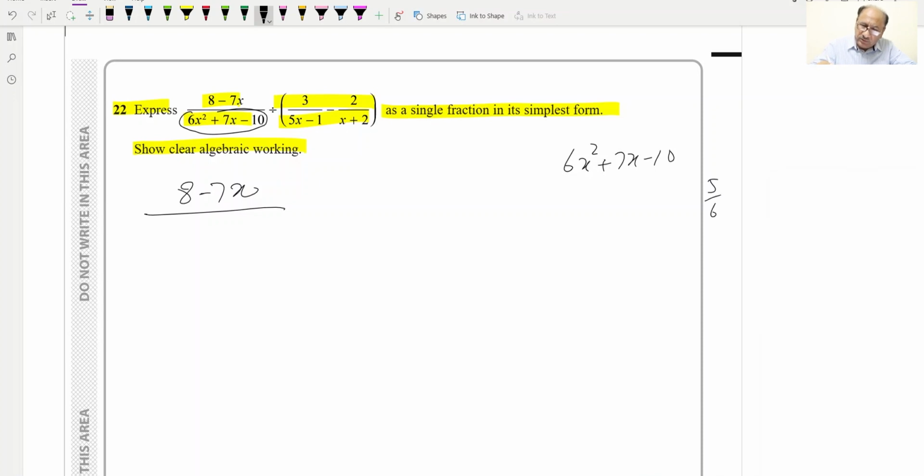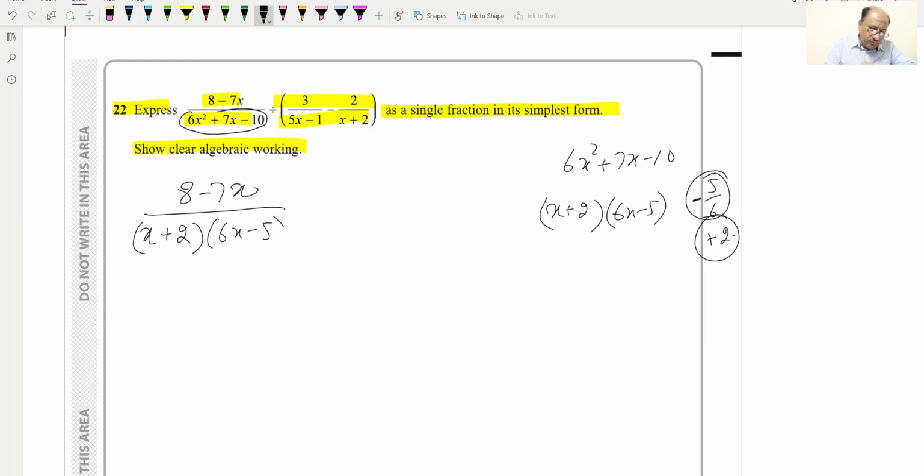After changing sign we'll be using these values, and it will be x plus 2 and 6x minus 5. So this will be the factorization: x plus 2 into 6x minus 5.